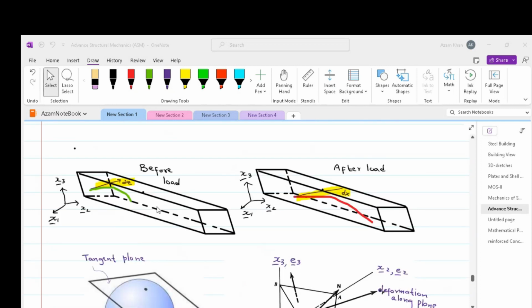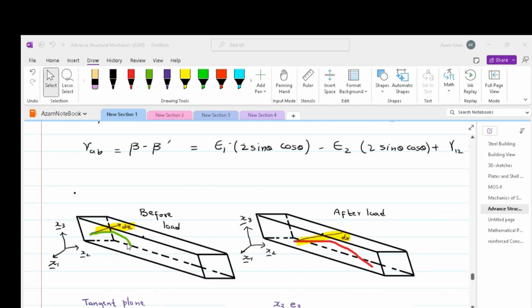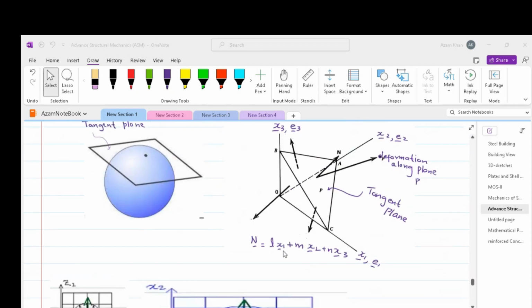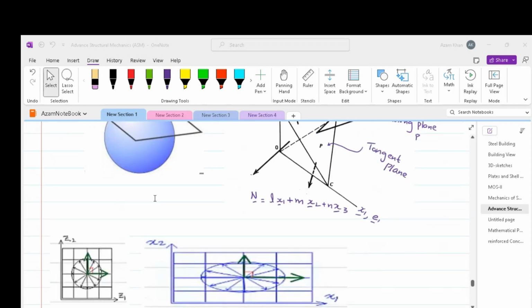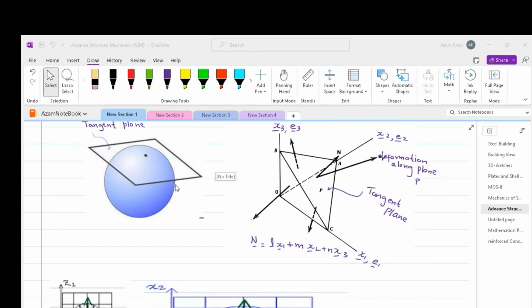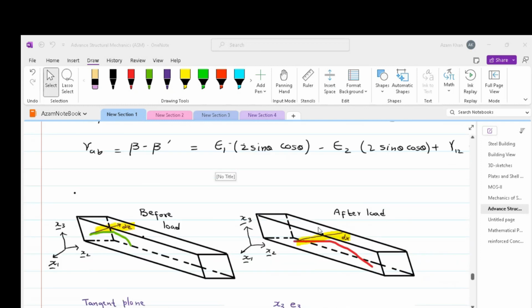After deformation, as we said, the green fiber is stretched and sheared into the red fiber. So we can say, based on our sphere analogy, that after deformation, the sphere is changed into an ellipsoid of an infinite bunch of tangent vectors dx.